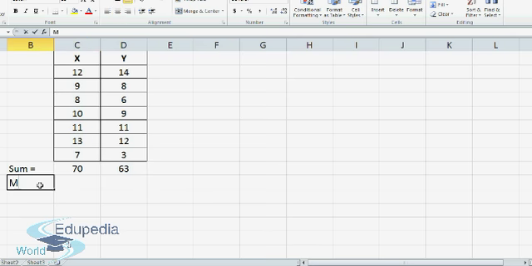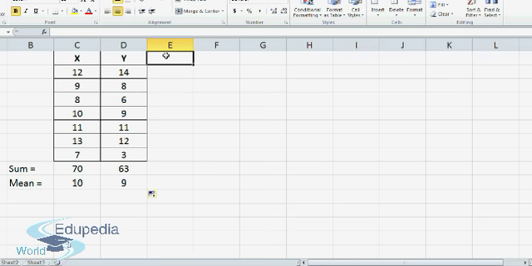So the mean of x is 70 divided by 7, which is 10, and the mean of y would be 63 divided by 7, which is 9. So these are the values of the means.